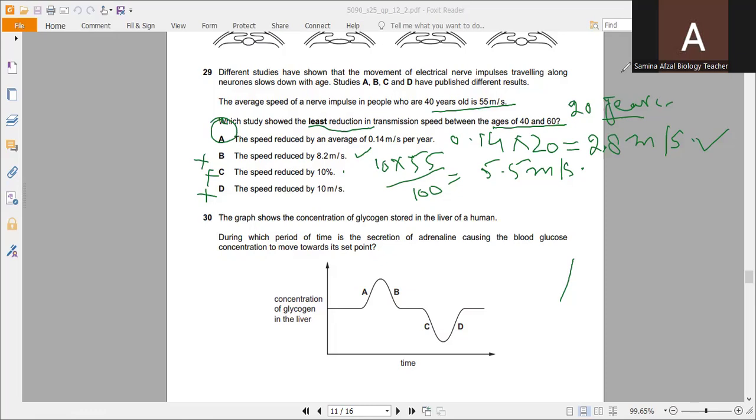Adrenaline is the fight or flight hormone. It prepares the body by increasing the amount of glucose available in the blood for respiration. Adrenaline is secreted by the adrenal glands, which are present at the dorsal side of the kidneys.